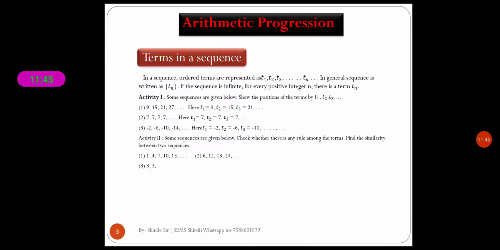Third example: 3, 3, 3, 3, and so on. Fourth example: 4, 16, 64. Fifth example: -1, -1/5, -2, -2.5, and 1 cube, 2 cube, 3 cube, 4 cube, and so on. Now we see what is the relationship between them in the next slide.